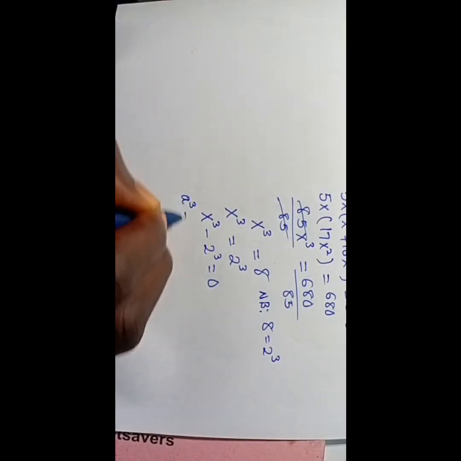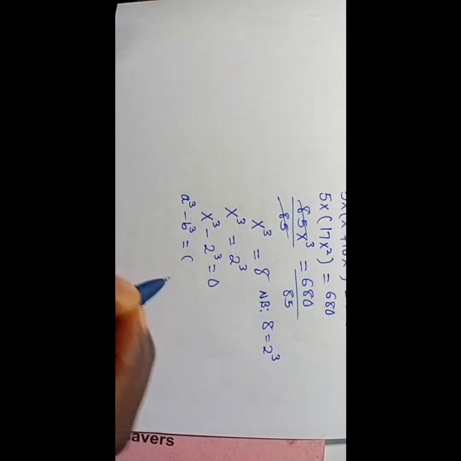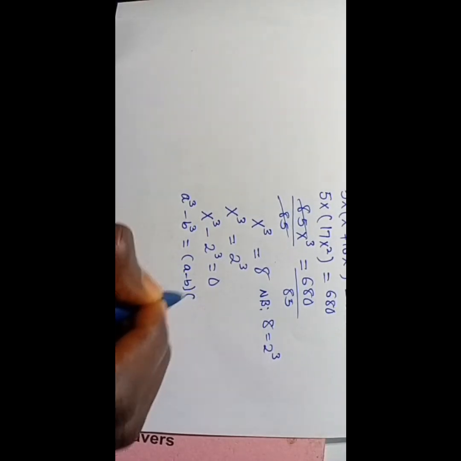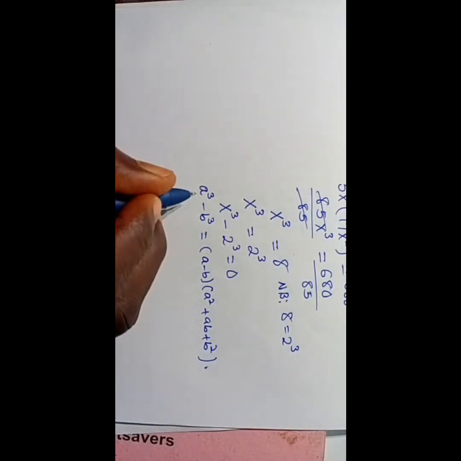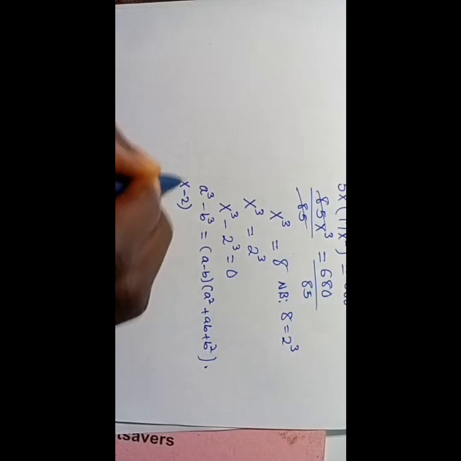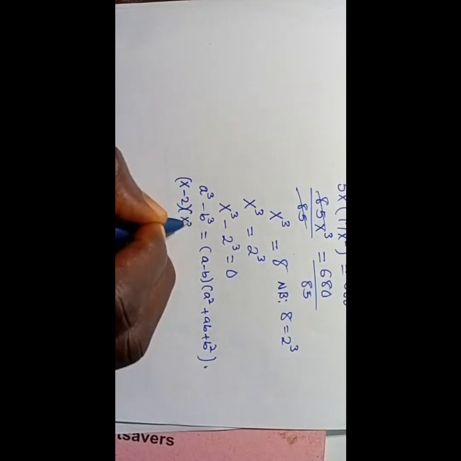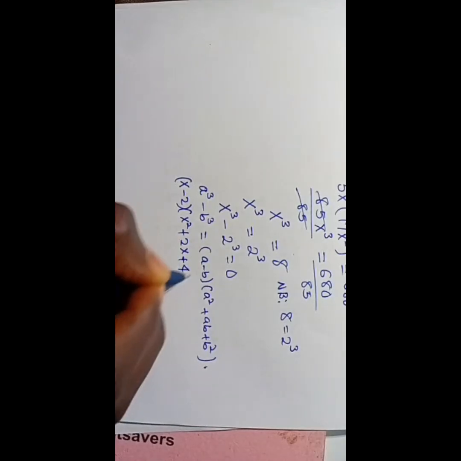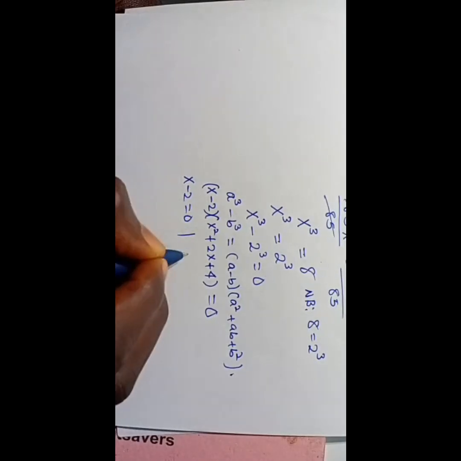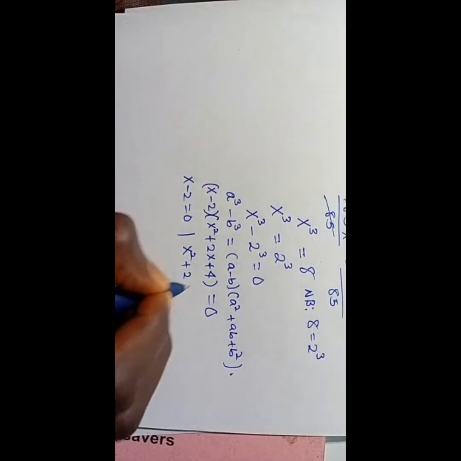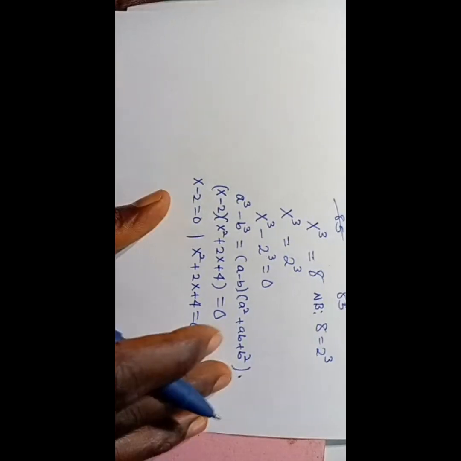Now, we have x³ equals 2³, so x³ − 2³ equals 0. So, when you have a³ − b³ equals (a − b)(a² + ab + b²), from here we have (x − 2)(x² + 2x + 4). We have x − 2 equals 0, or x² + 2x + 4 equals 0.